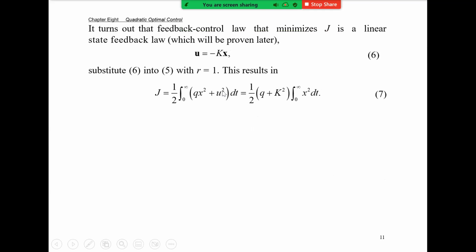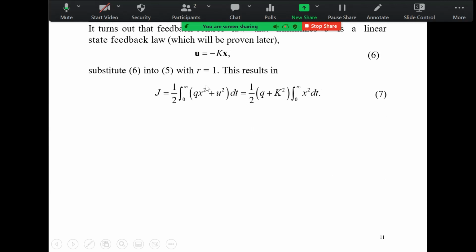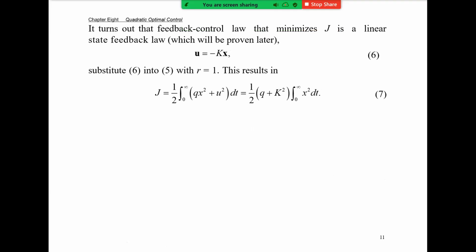We want to reduce the design variables, because then I only have Q. Since only the relative importance matters, we can rewrite our cost function this way, which simplifies the calculation. Then we just plug in the expression of the input, U equals minus K times X, and easily we have this expression for the cost function. Any questions?